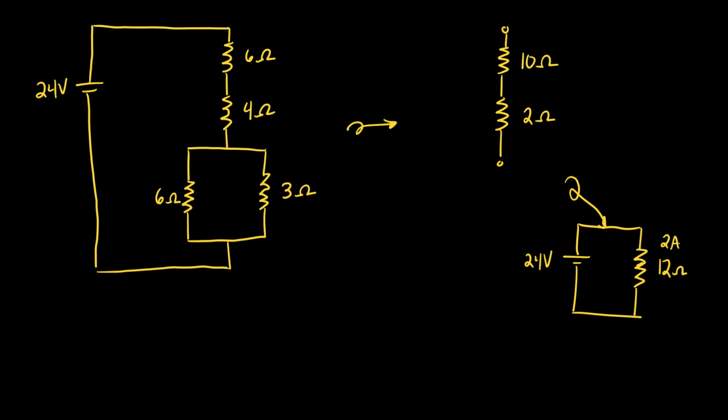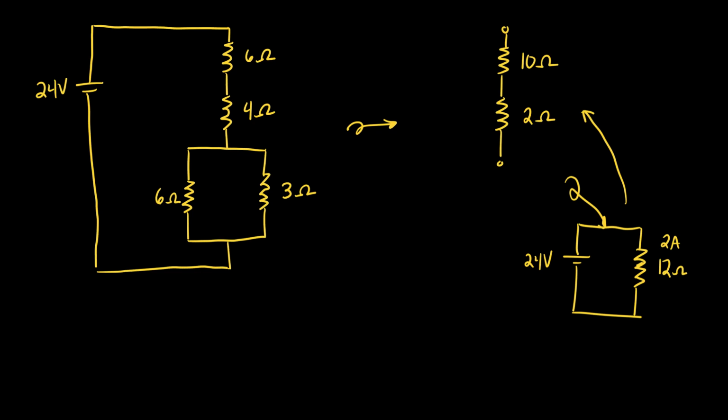And I want to remind you about Kirchhoff's rules here. When working backwards, those rules tell us how we take what we just found and apply it to the next step. When we're going back to the next step, I don't think the voltage is going to be the same here. I think the voltage is going to be divided between these two resistors, but there's no junction when we go back to this step.